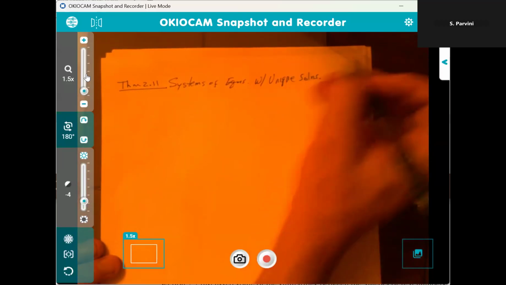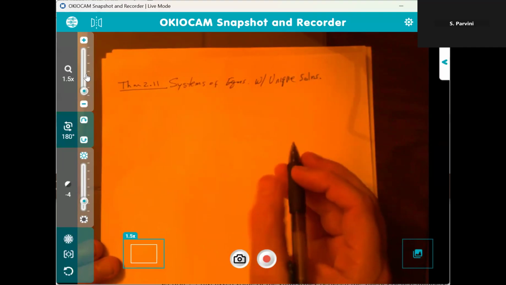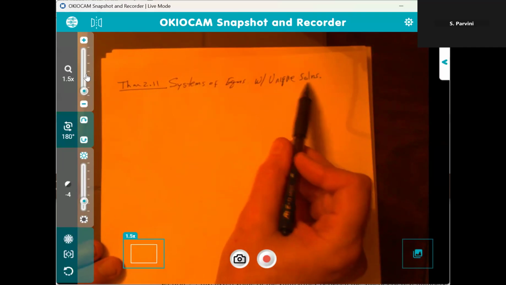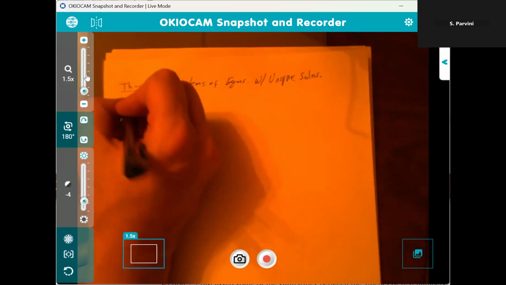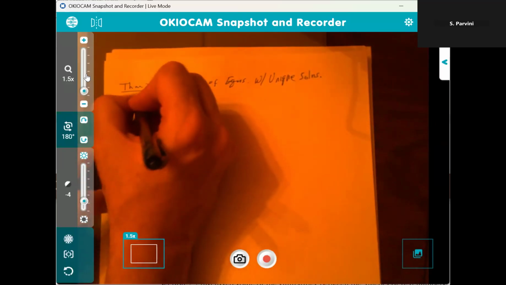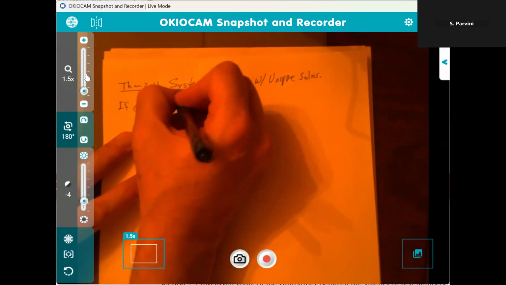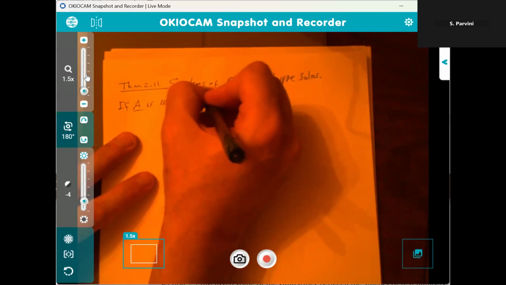Okay, let's see how the theorem is stated. It talks about systems of equations with unique solutions. Suppose A is an invertible matrix.